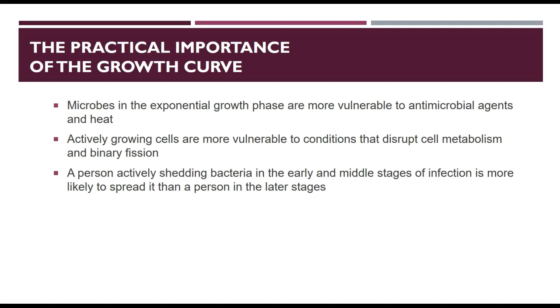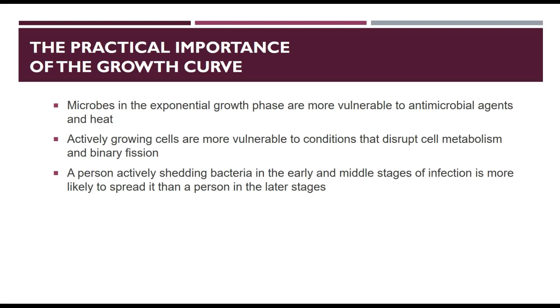So why is this important? How do we use this? Well, we can use our understanding of the growth curve in order to address disease and how to treat certain bacterial infections. Microbes in the exponential growth phase are more vulnerable to antimicrobial agents and to heat.